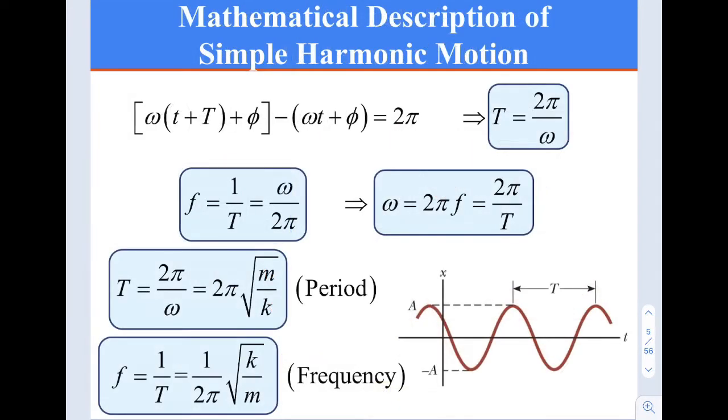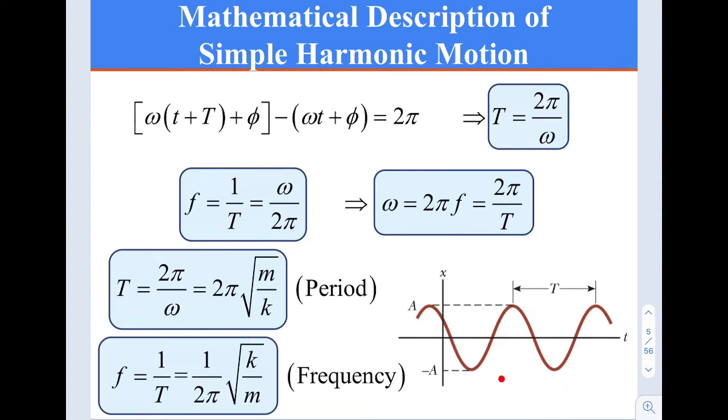So let's proceed with further investigation of the mathematical description of simple harmonic motion. Right, so the period T for the motion is the time interval, as we know. This is actually the time interval needed for the particle to go through one full cycle of its motion. Okay, so let's consider this figure.